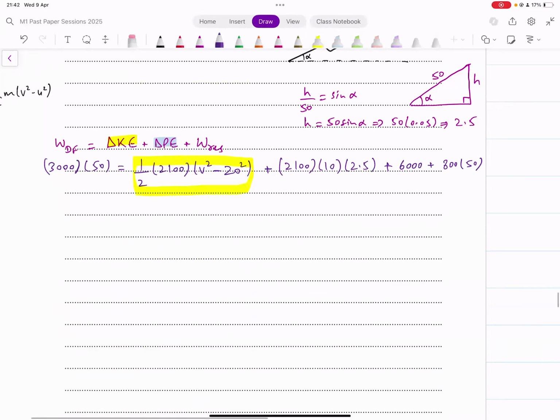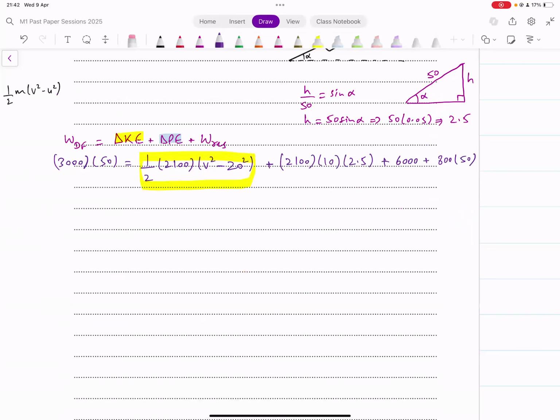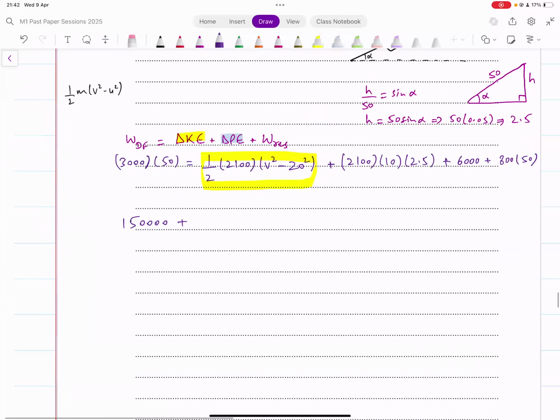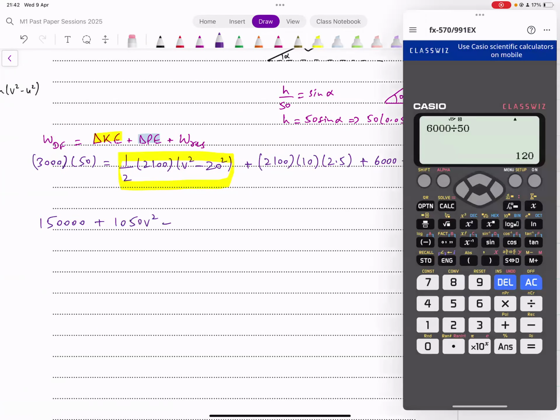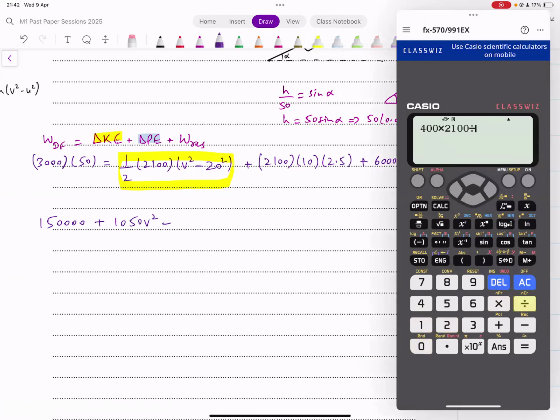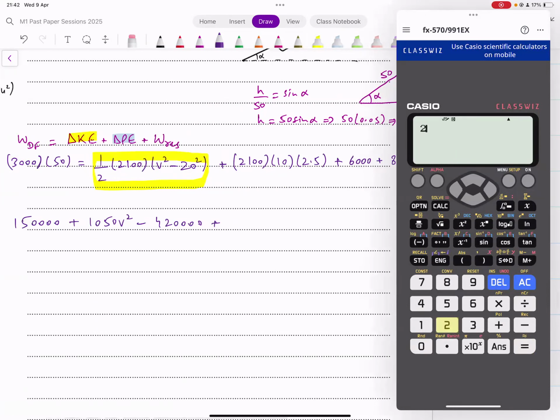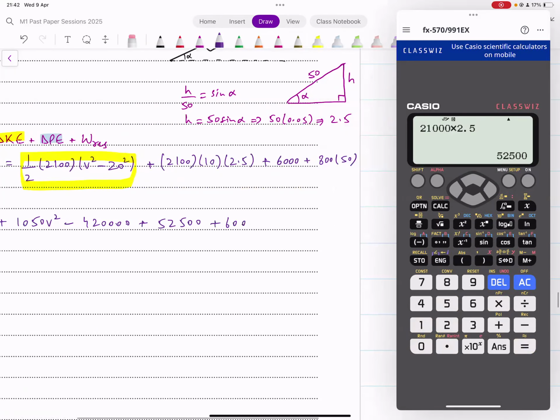Okay, let's do that. 3,000 into 50. What would that be? 15 and then 4 zeros, 150,000 plus whatever this value turns out to be, 1050 v squared minus 400 into 2100 divided by 2, that's 420,000 plus 21,000 times 2.5, that's 52,500 plus 6,000 plus 800 times 50, that would be 40,000.